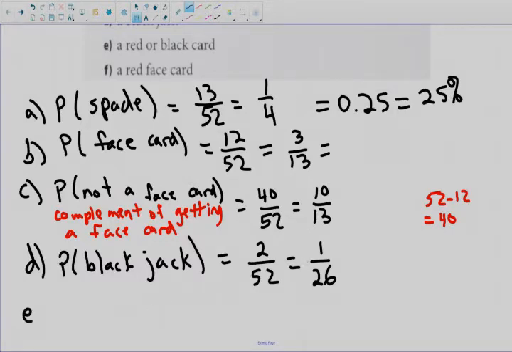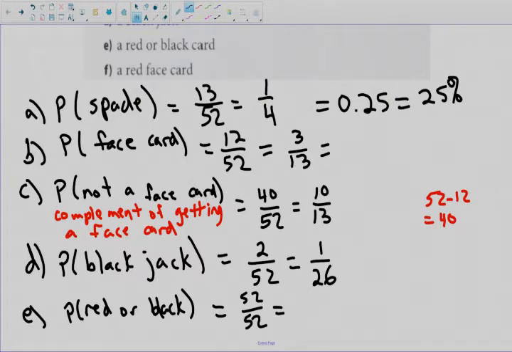For letter E, a red or a black card. Well, to pull a red or a black card, every card in the deck is either red or black. So this is a 52 out of 52, which I don't think we've actually seen an example of.